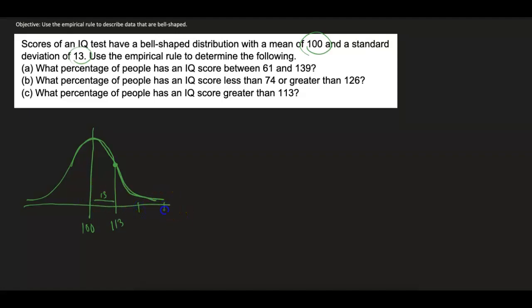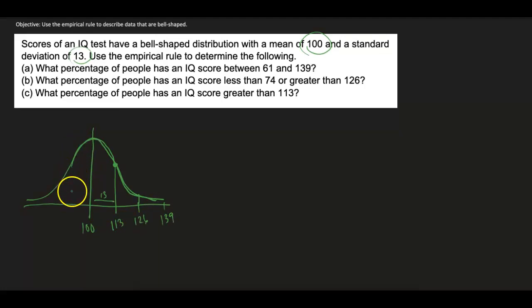Notice I'm trying to keep about the same distance between tick marks to the right, and I'm going to continue to add 13, because this scale now represents 13 units. So 113 plus another 13 should be 126, and then plus another 13 would be 139. And at least this way now I have all the marks of first, second, and third standard deviation above the mean.